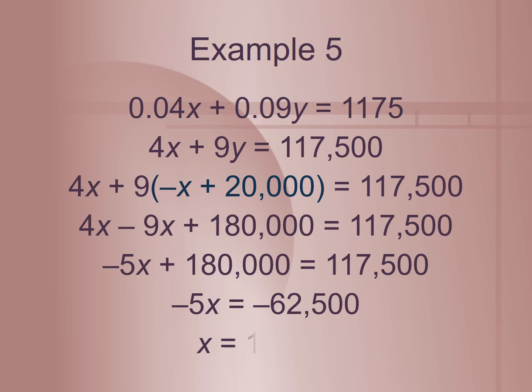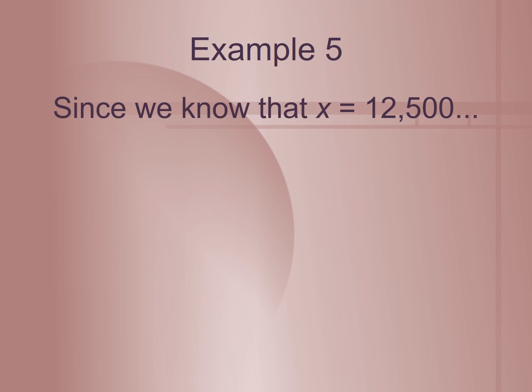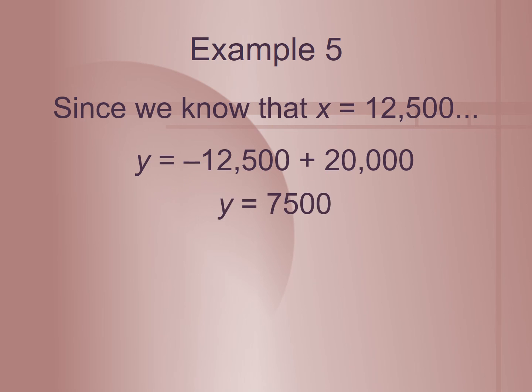Divide both sides by negative 5, and x is equal to 12,500. That was the principal amount in the first account. Now, since I know that x is 12,500, I can solve for y, because y was equal to negative x plus 20,000. So that means I have negative 12,500 plus 20,000, which means y is equal to 7,500.